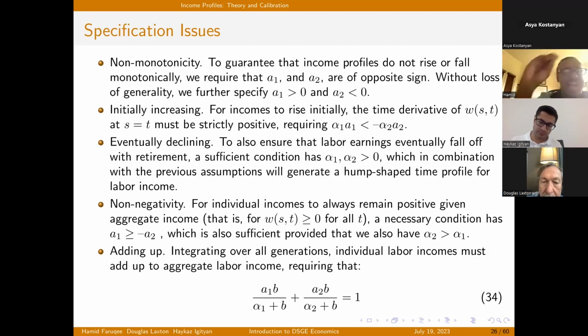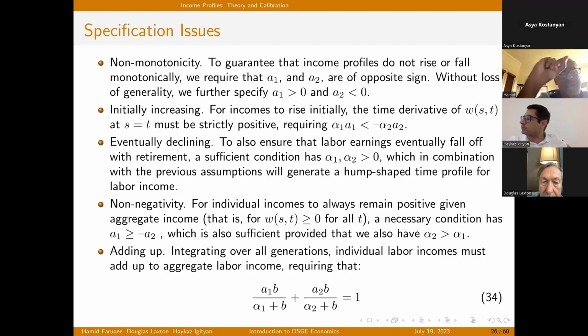You can think of it as an average income profile that still gives you that notion that income is rising initially as we gain experience in the workforce and we're gaining, say, seniority wages, and our income levels tend to go up. And then eventually the non-monotonic feature is that we'll have this gradual retirement in the model. Think of that as a simplification of people retiring at different ages.